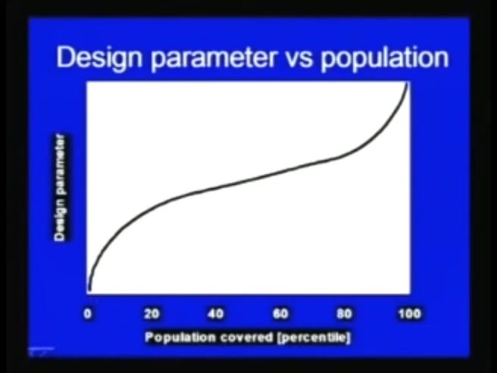The percentile of the population covered increases non-linearly at the extreme ends. Here it increases very rapidly, and on the higher extreme side also the percentile of the population increases very rapidly.